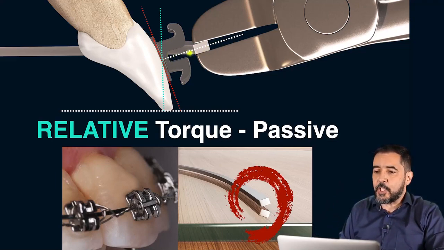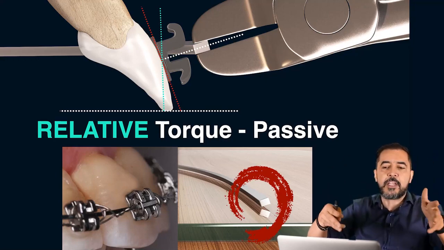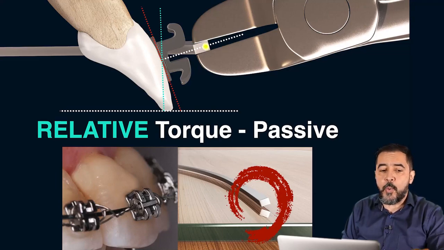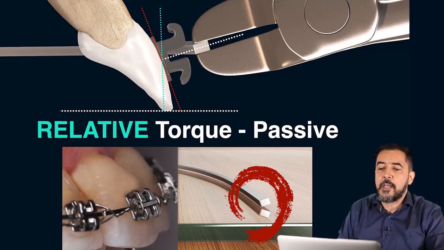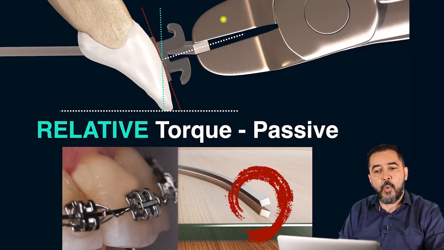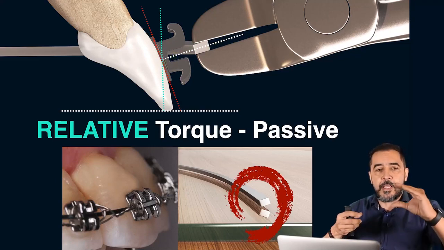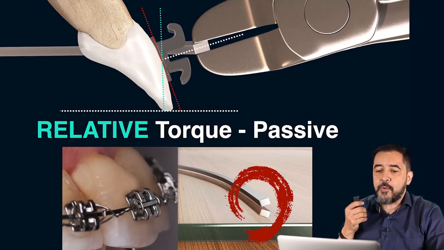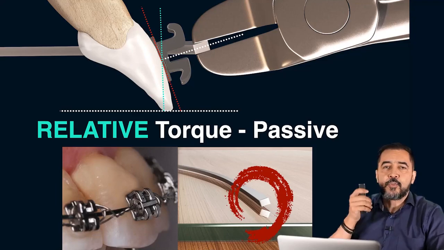So, with the slot inclined, for example, 20 degrees, the transverse section of the rectangular arch wire has the same inclination. So when it comes inside the slot, it won't apply a negative force because the inclination is the same. And here we have a relatively passive torque.